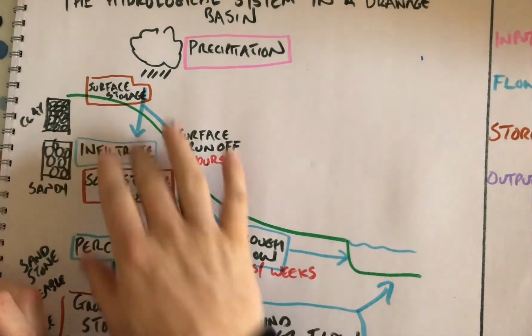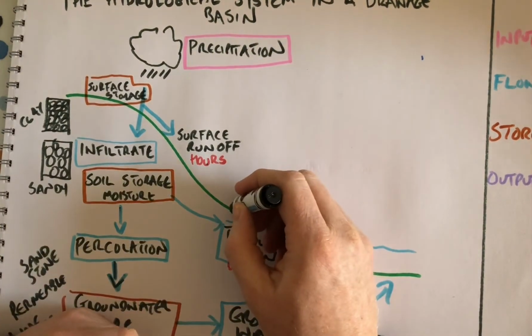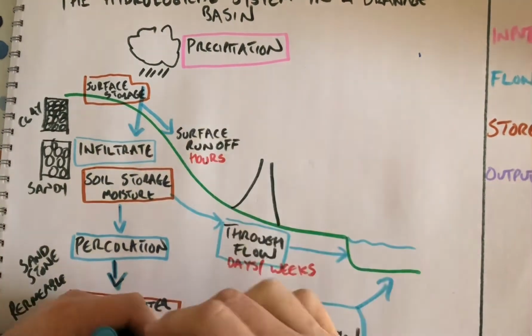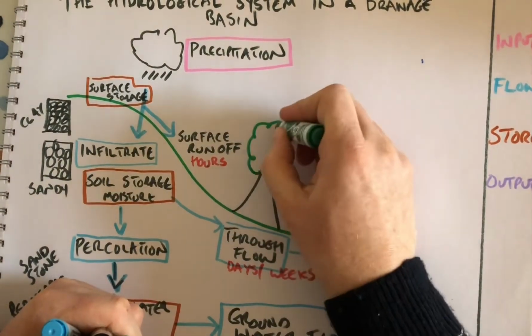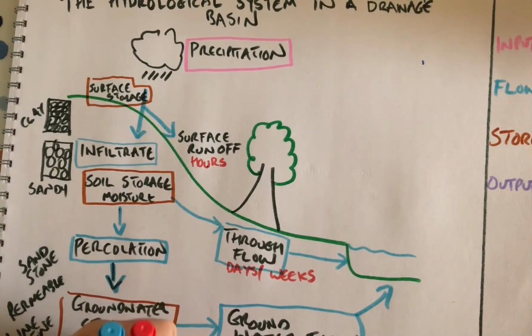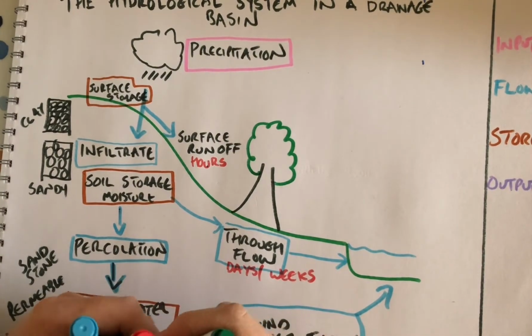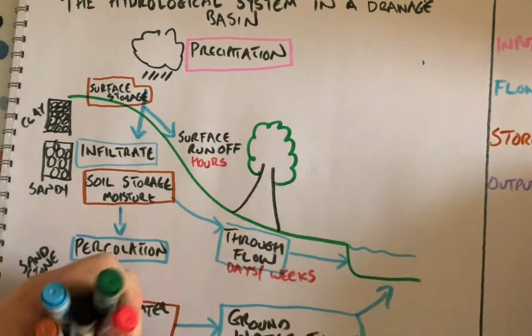Of course, this is really simplified because what we're missing is that we will have vegetation. And we know that plants will transpire water out as part of photosynthesis. So we have an output.